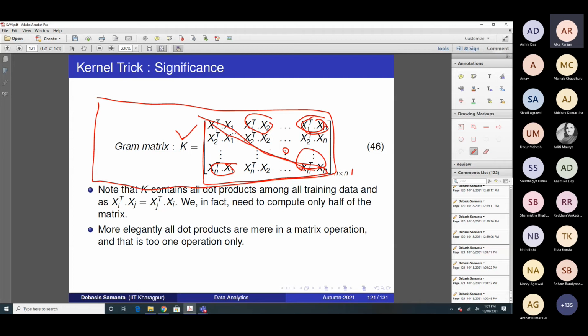Now here again you see we are discussing dot product only, but I told earlier we don't bother about dot product. What we need is only the similarity measures.